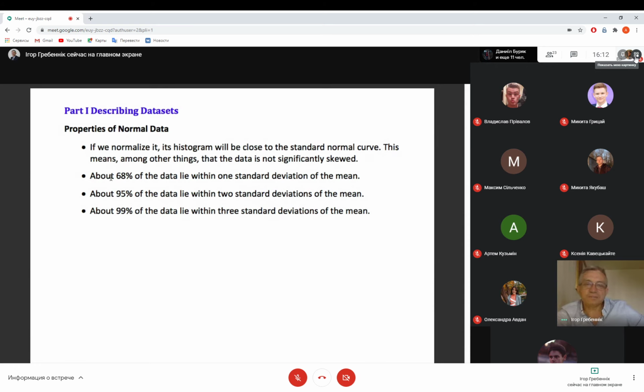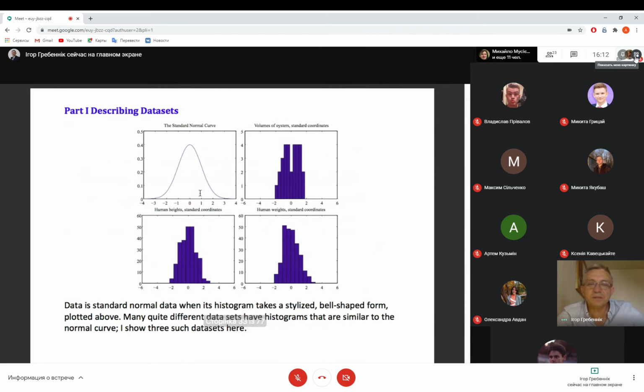About 68% of the data will lie within one standard deviation of the mean: mean plus one standard deviation, mean minus one standard deviation. Inside this interval, 68% of all data will be placed.